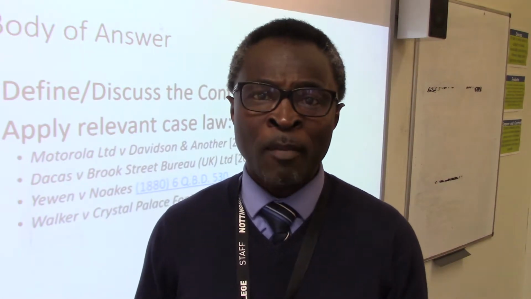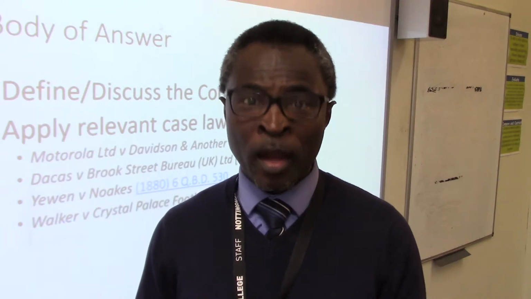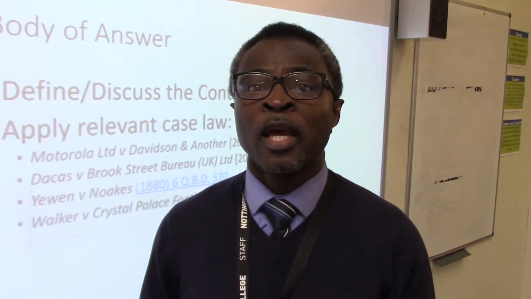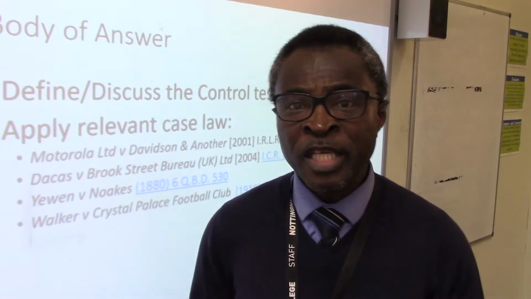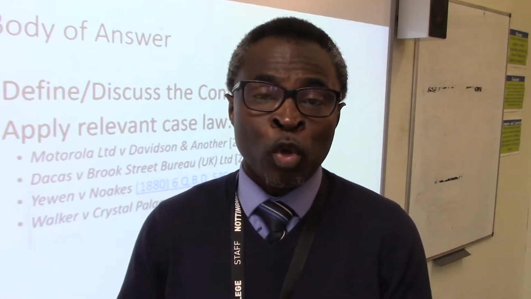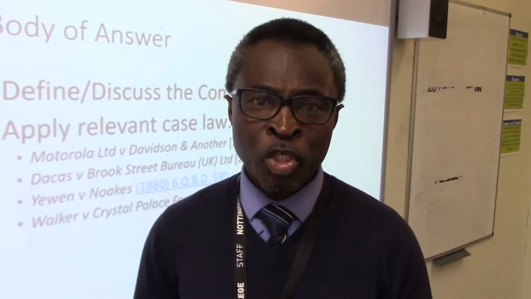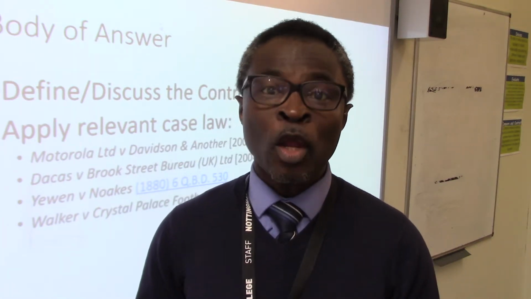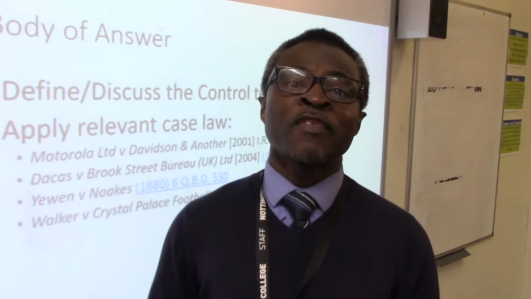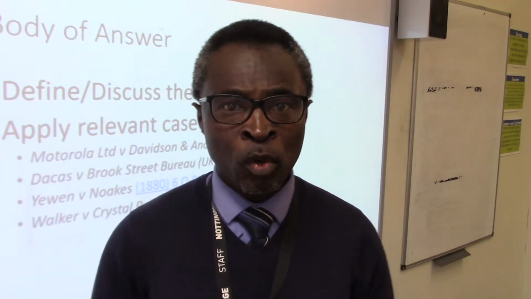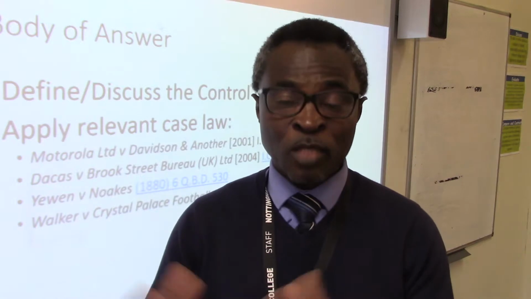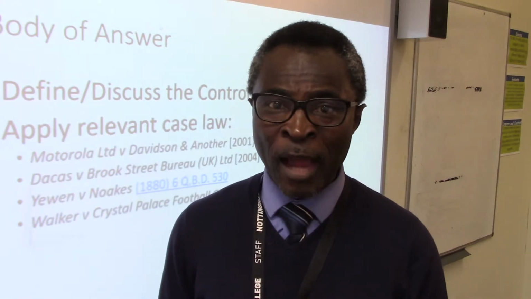So if, for example, the employer says to the employee, arrive at work at 9 o'clock every morning, if you need any time off, make sure that I agree to it and sign your annual leave sheet. If the employer tells the employee exactly how to carry out their duties and responsibility, then on the face of it, it looks as if the employee is under the control of the employer. And that's what the control test is all about.